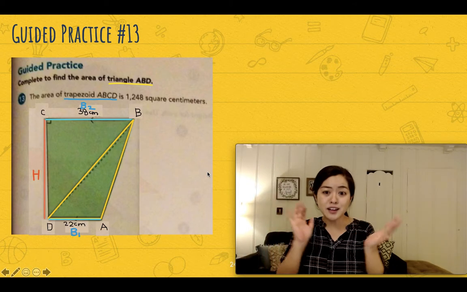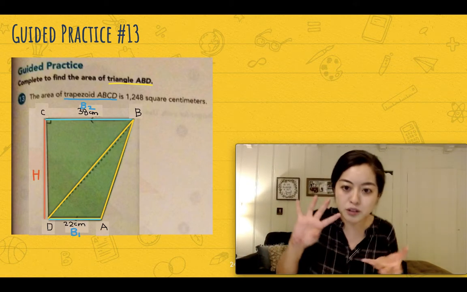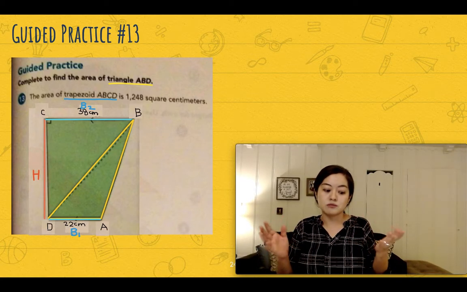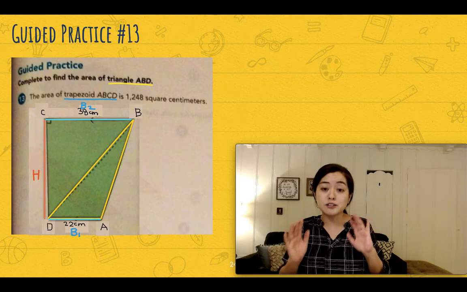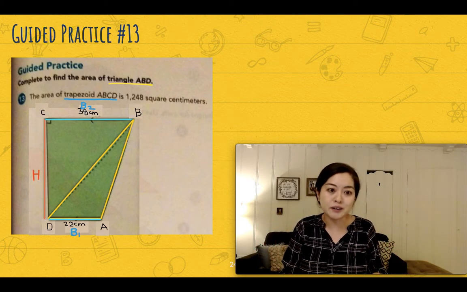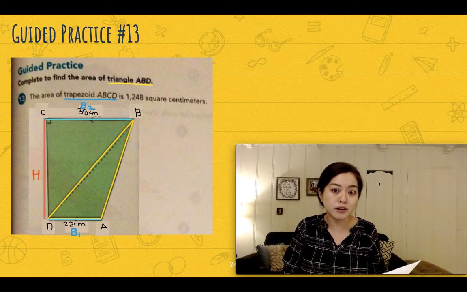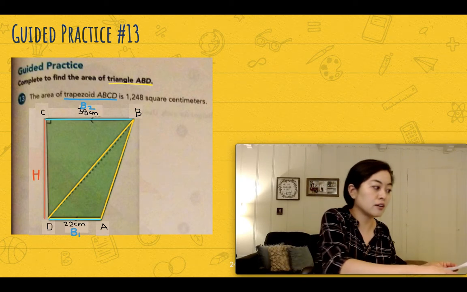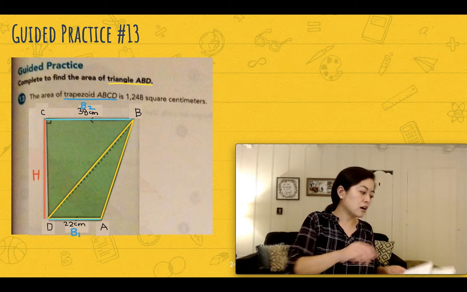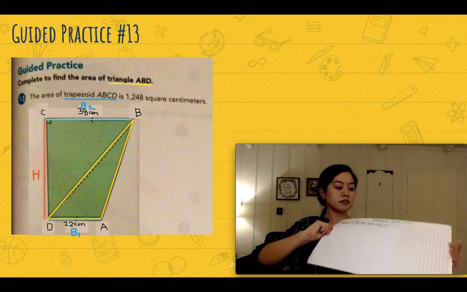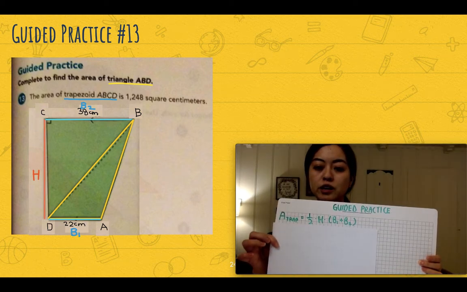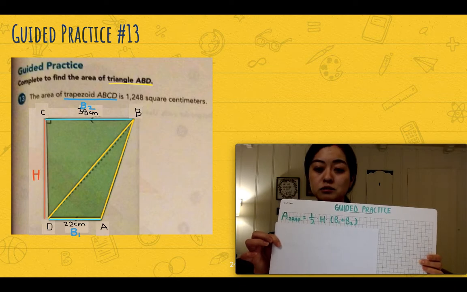Now that I understand this image and I manipulated it to suit me, I'm ready to solve for h first. So what do I gotta do? Well, I'm gonna use the formula for the area of a trapezoid. And if you recall, the area of a trapezoid is 1/2 times height times b1 plus b2.